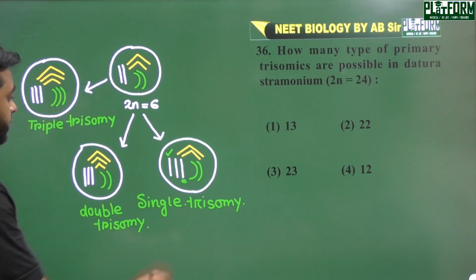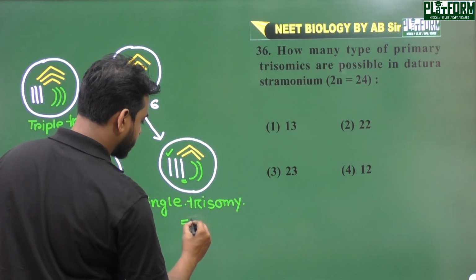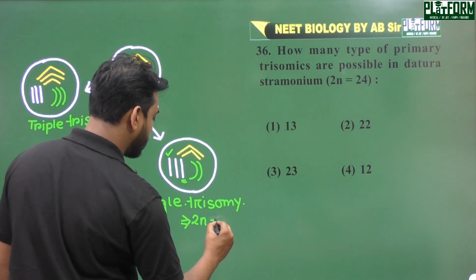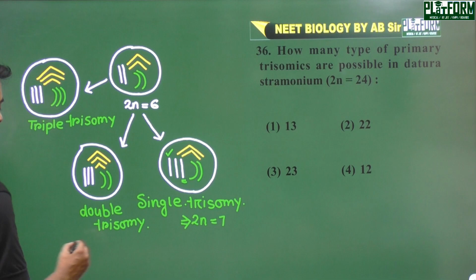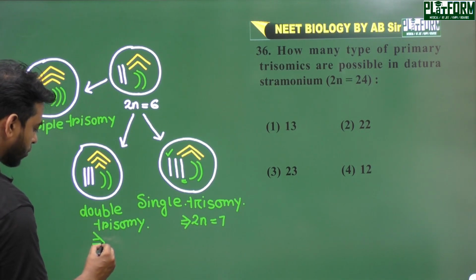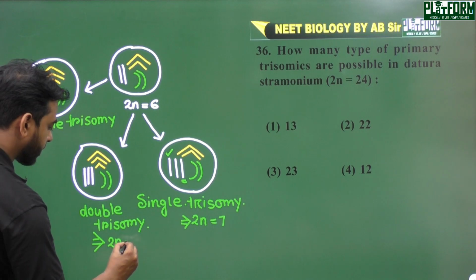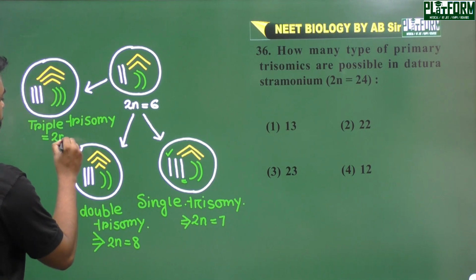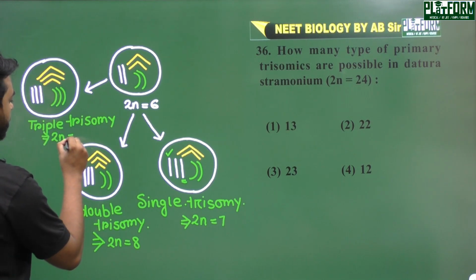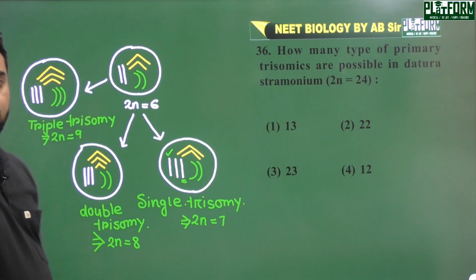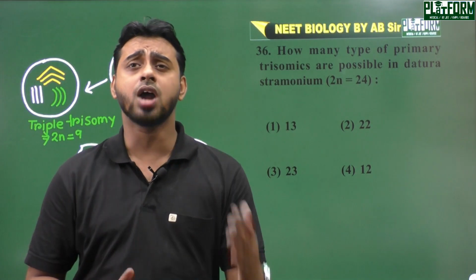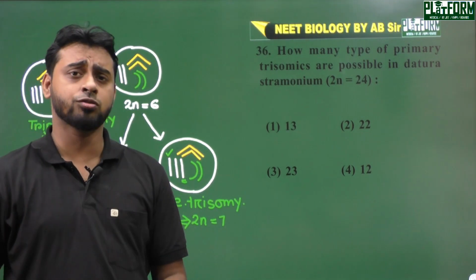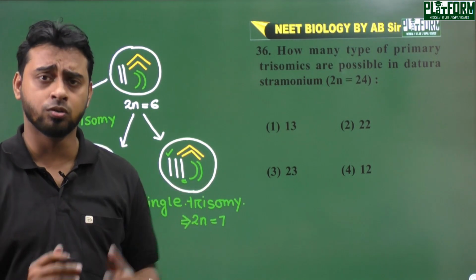The chromosome number will be here 2n equals 7, here 2n equals 8, and here 2n equals 9. So the maximum number of trisomies possible for a particular cell equals the haploid set of chromosomes.